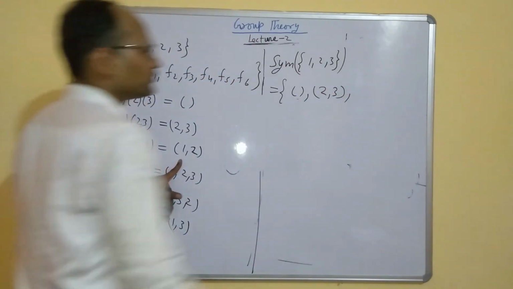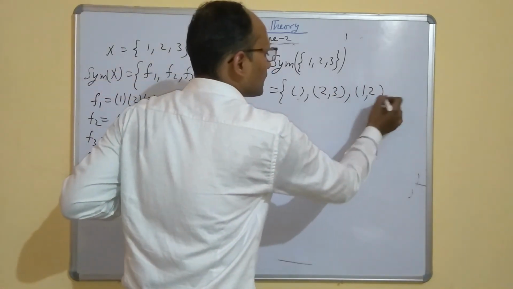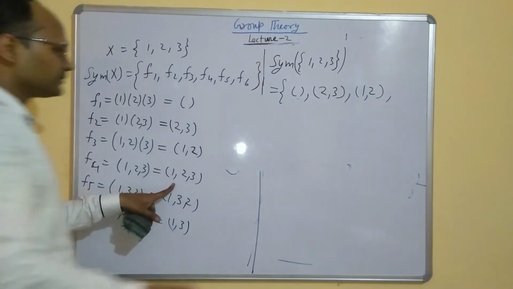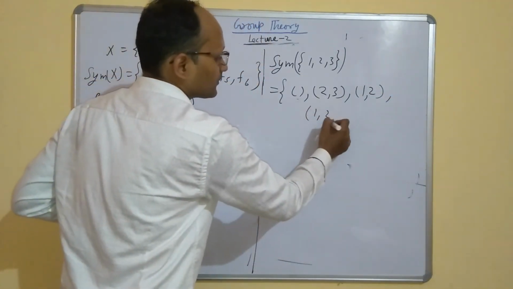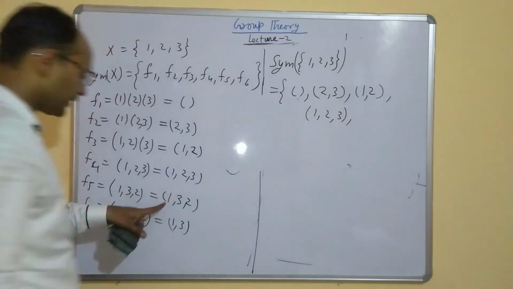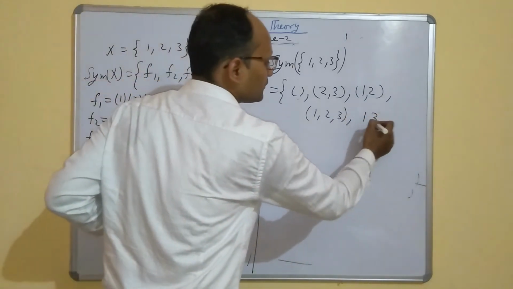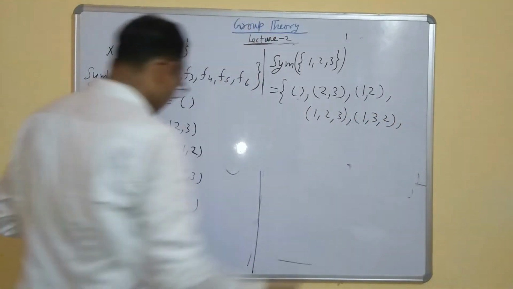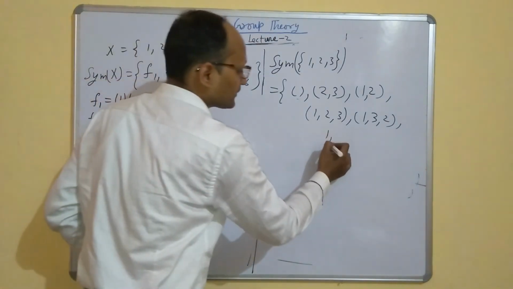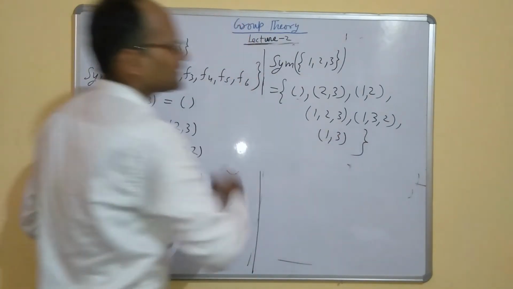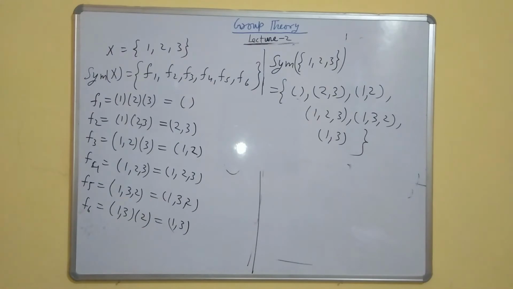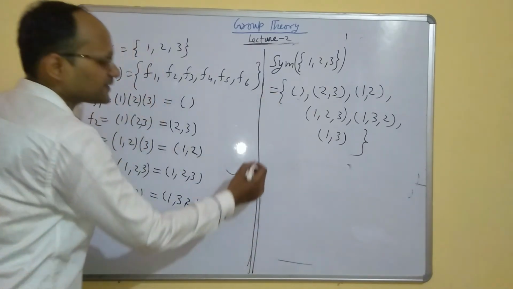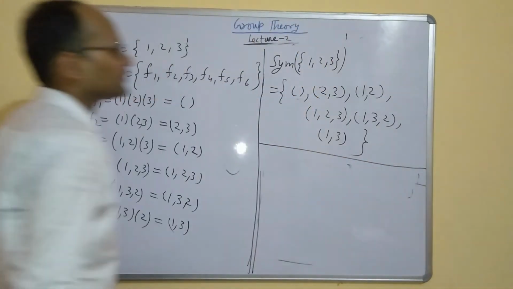Now F3 is 1, 2, and F4 is 1, 2, 3, and then F5 is 1, 3, 2, and then F6 is 1, 3. So these are the 6 elements of Sym 1, 2, 3. This is called the symmetric group on the set 1, 2, 3.